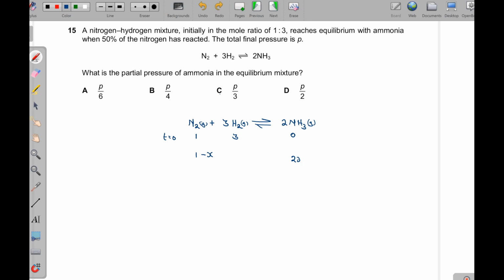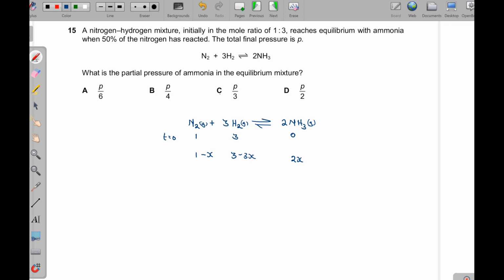Okay, now that same reaction, that same amount of moles that react, here we shall say 3, then minus. This is 1 to 3. So if X has reacted off here, then here we shall have 3X reacting off. Do you see that?